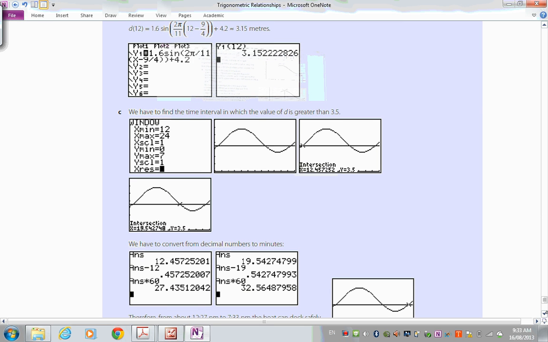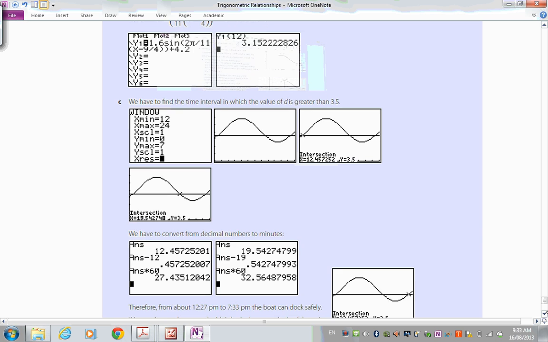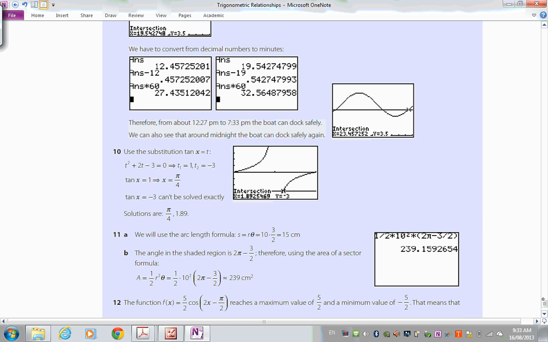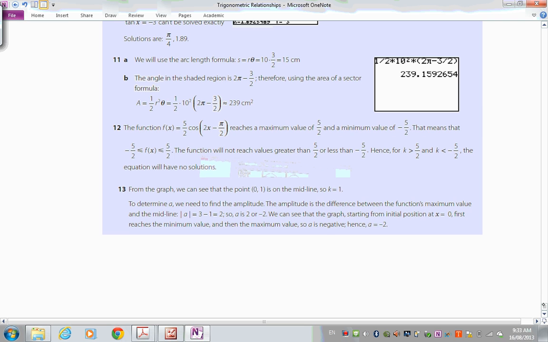Part C. Rest of 9, and there's 10, 11. 12 and 13 there. Well, a lot of work there, a big unit, a very important unit.